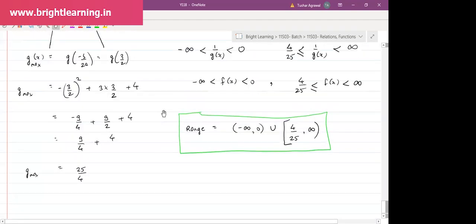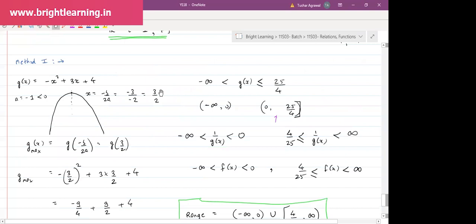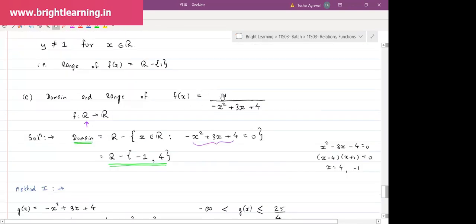Here you were lucky that it was 1 upon a quadratic equation, or let's say constant upon a quadratic equation. But every time you won't be that lucky. So for example, if I give you this example, let's say 2x minus 3 upon minus x square plus 3x plus 4, this is some h of x, and I told you to find the range.